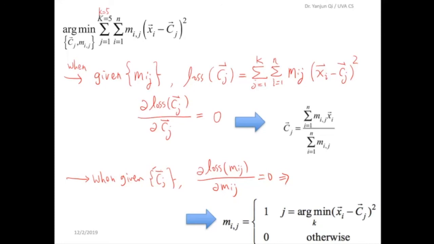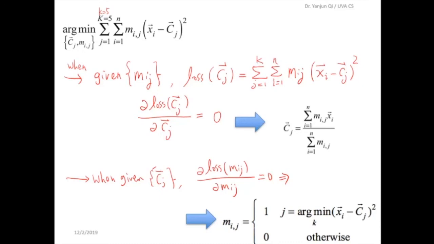The issue with these two sets of parameters is that if you do this partial derivative at 0, the solution for C uses M, and the solution for M uses C, because both C and M are unknown. There's no way to solve it directly, because C uses M uses C.